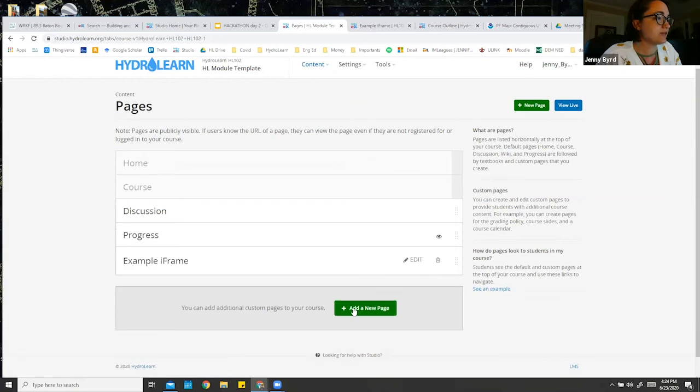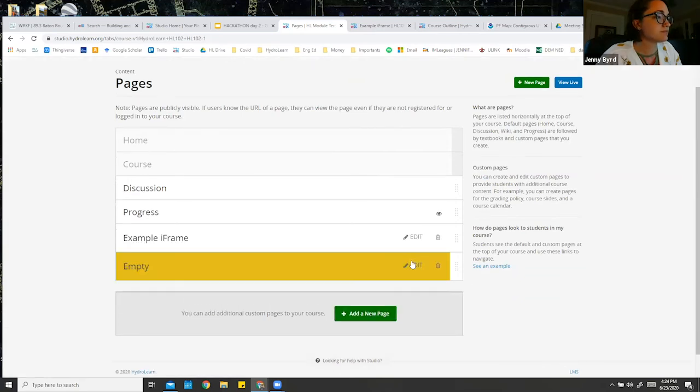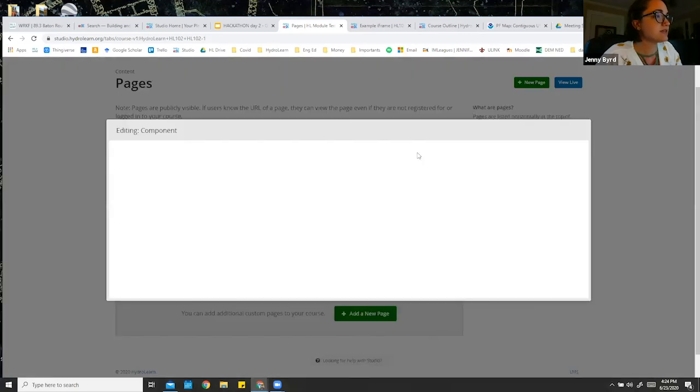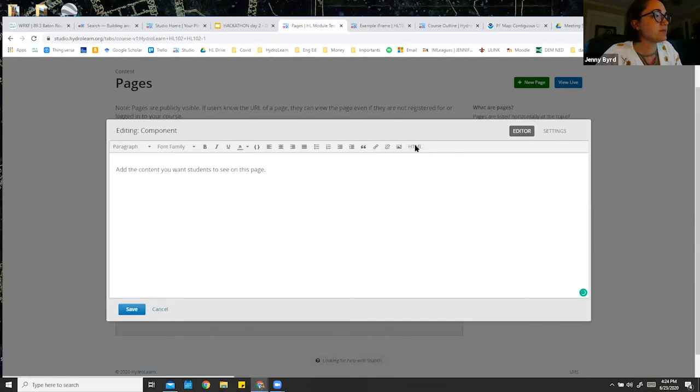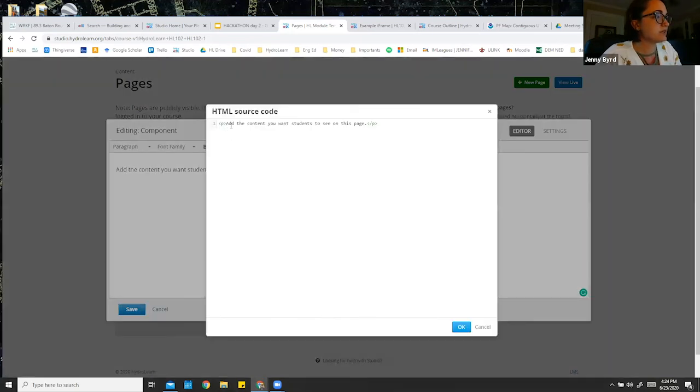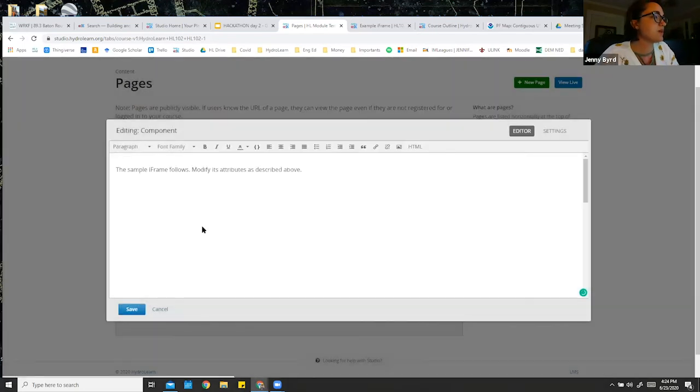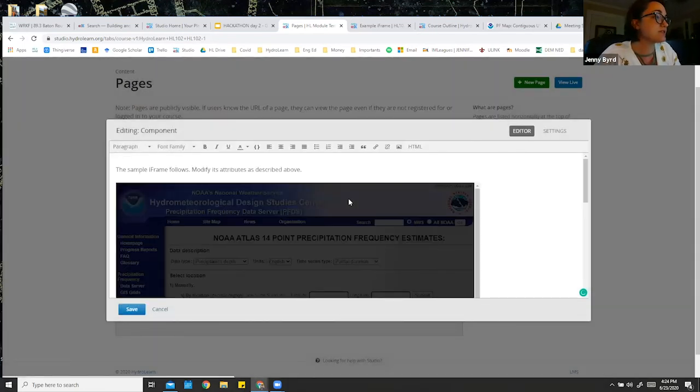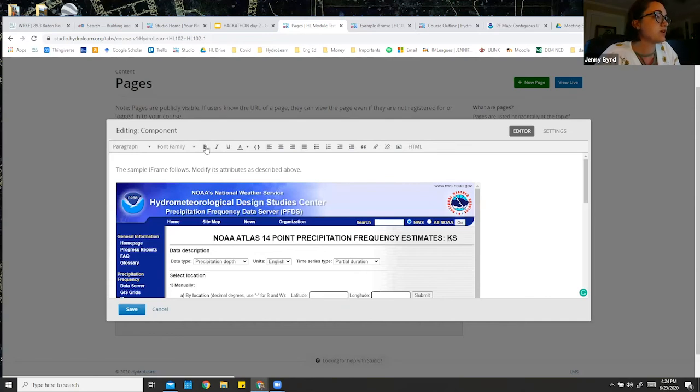You can add a new page. Click Edit. I'm going to go back to HTML and insert the code that I copied and click Save. Now this should look exactly like it did with the unit, except now it's available as a page.